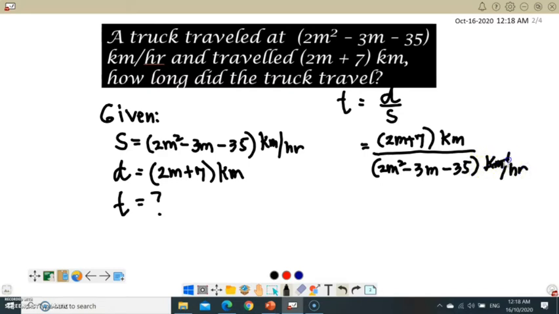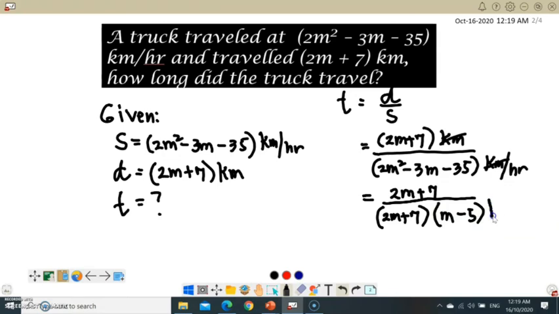So we can cancel kilometers and kilometers, the units. For us to simplify this, we need to find the factors of 2m squared minus 3m minus 35. So what are the factors? So we now have 2m plus 7 over the factors of the denominator. We now have 2m plus 7 multiplied by m minus 5.